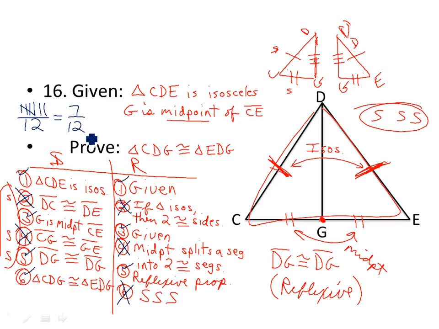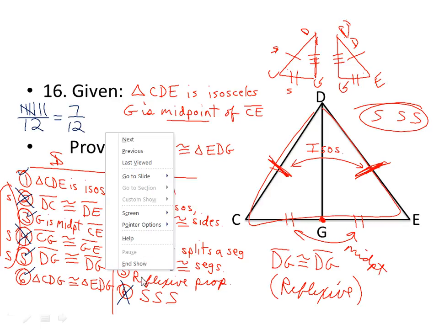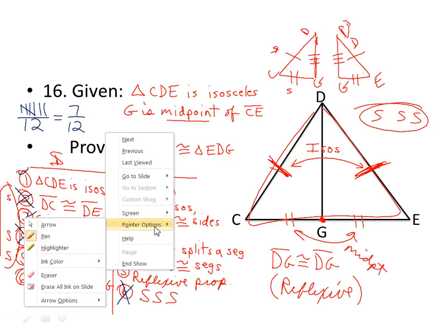Now, if we go through this, the key idea here is, if you know this is an isosceles triangle, whoever's looking at this next should know that, hey, these 2 triangles have to be congruent. So let's do this.